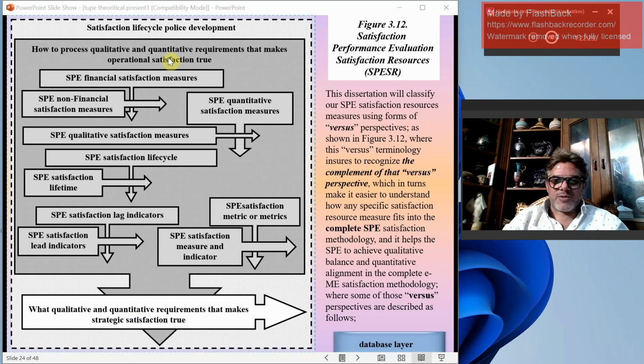It's going to make you confused. So satisfaction, or true satisfaction, equals true quantitative satisfaction union true qualitative satisfaction.